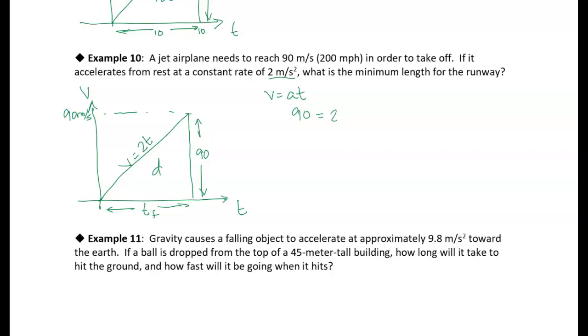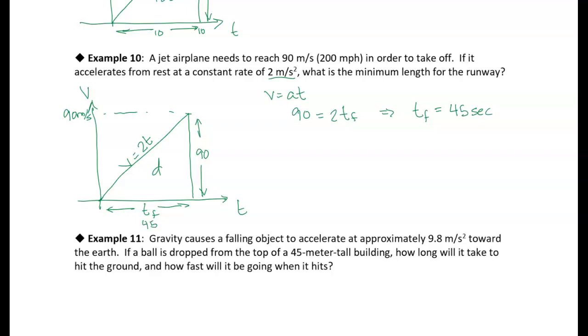So if we just plug the final velocity into the equation for the line, we can solve for the time it takes. So that tells us that the time it takes to get up to 90 meters per second has to be 45 seconds.